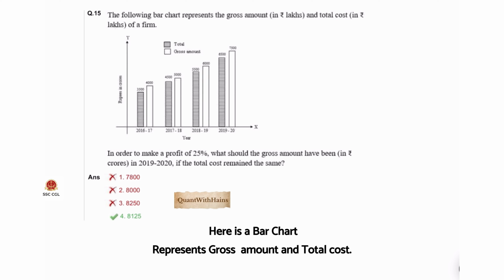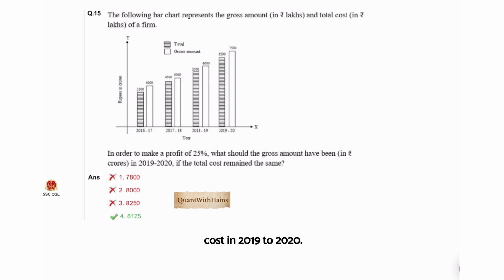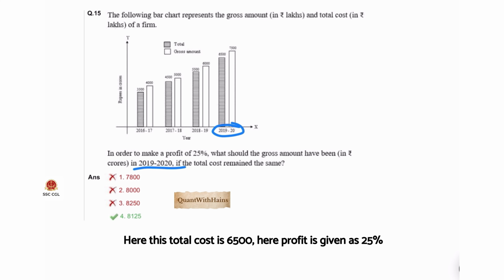Here is a bar chart representing gross amount and total cost. In order to make a 25% profit, what should be the gross amount, total remain cost in 2019 to 2020? Here this total cost is 6,500. Profit is given as 25%.